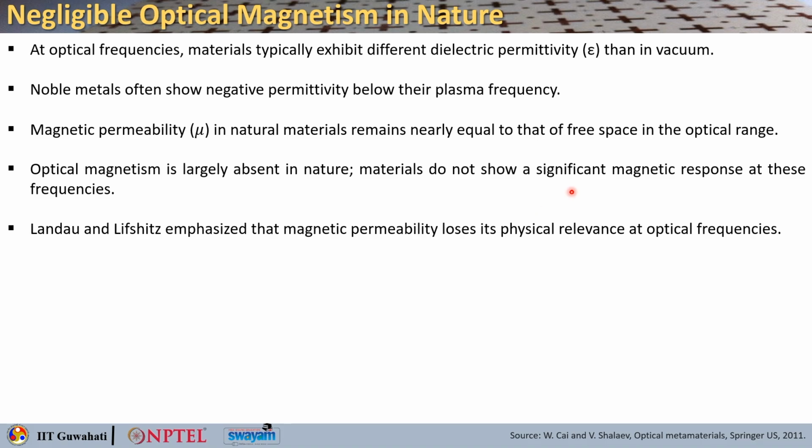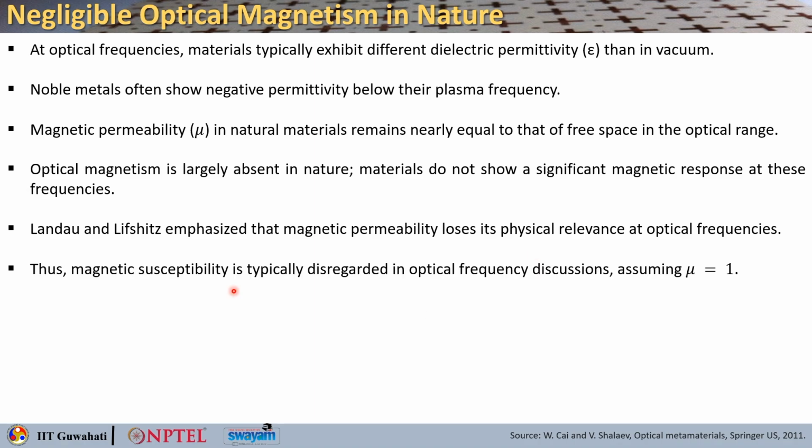Indeed, in the famous textbook by Landau and Lifshitz, there is a quite general statement on why a magnetic resonance resulting from orbital current in atoms should be negligible at optical frequencies, and consequently the magnetic permeability ceases to have any physical meaning at those frequencies. So, typically people disregard magnetic susceptibility in optical frequency discussions, assuming that mu is 1.